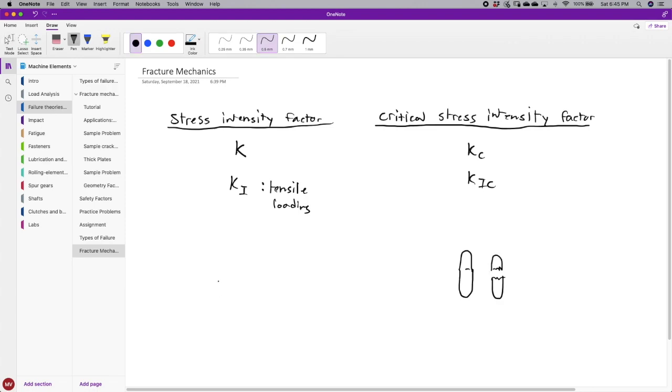Failure is considered to happen when the value of K surpasses the critical stress intensity factor. At this point, fracture will happen. I will now show you an example of fracture when K, the stress intensity factor, is more than the critical stress intensity factor, Kc. As you can see here, I have a very thin piece of paper that has a crack in it.